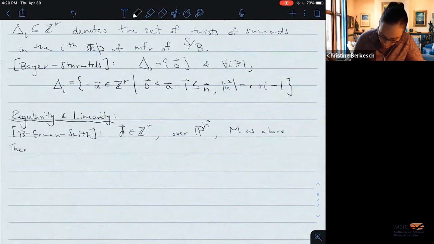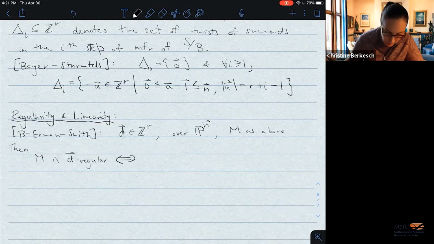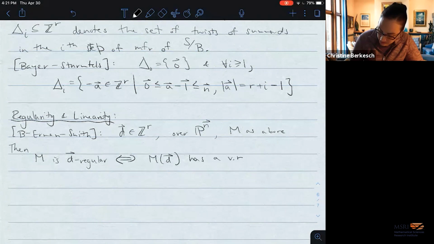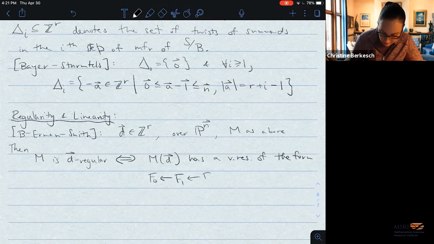Then M is d-regular if and only if, when I take M and twist by d, I have a virtual resolution of the form. This line is not so enlightening, except that it will end at exactly dimension.